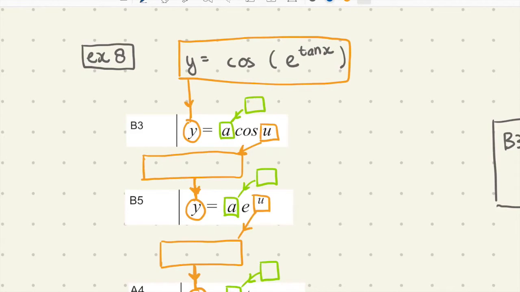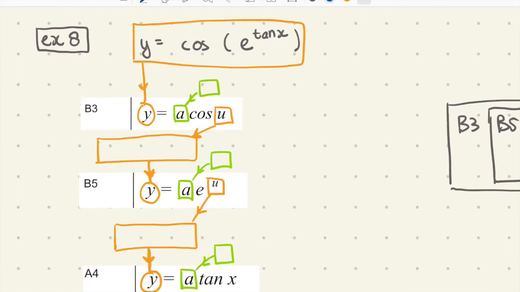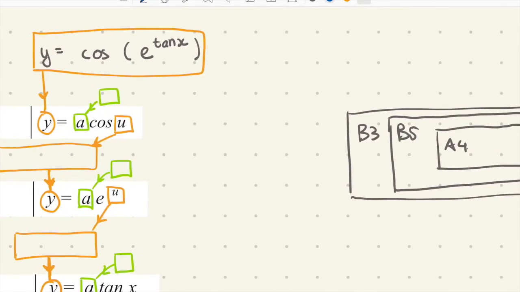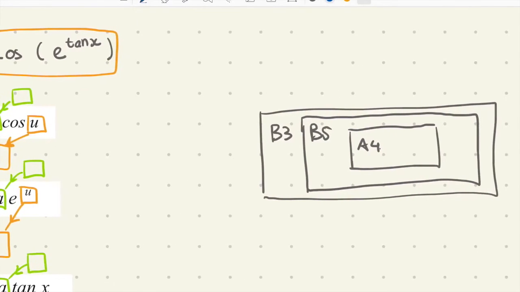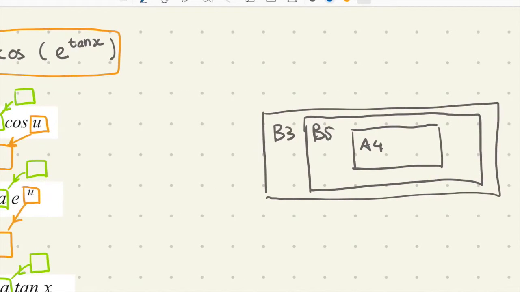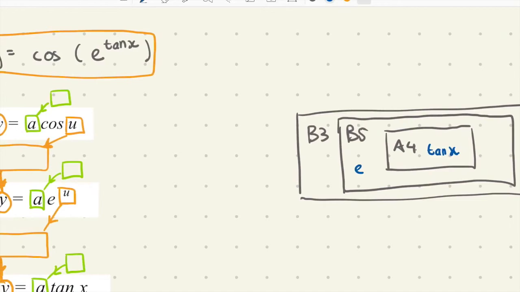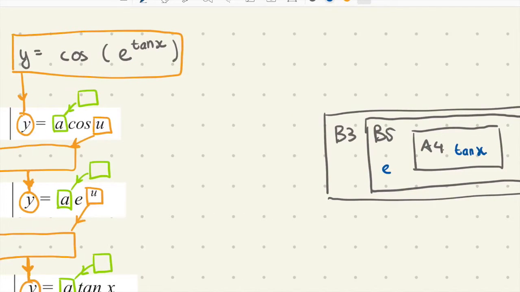Which one do we apply first? We just look at this diagram here. A4, which is tangent x, is inside e power something, which is formula B5, and both of them are inside formula B3, which is cosine.